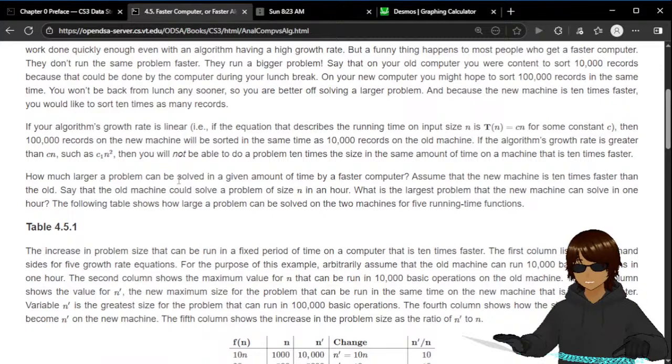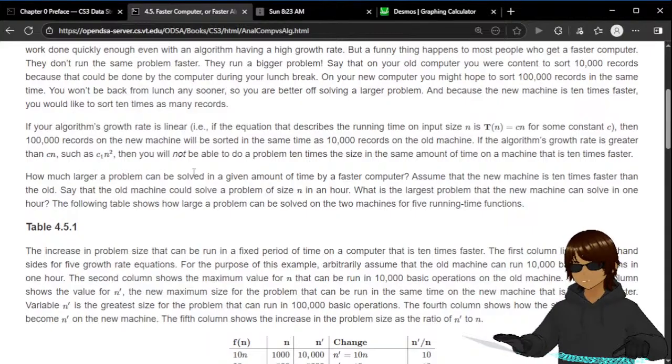Because the new machine is 10 times faster, you would like to sort 10 times as many records. If your algorithm's growth rate is linear, then 100,000 records on a new machine will be sorted in the same time as 10,000 records on the old machine. If the algorithm's growth rate is greater than Cn, such as C1n squared, then you will not be able to do a problem 10 times the size in the same amount of time on a machine that is 10 times faster.